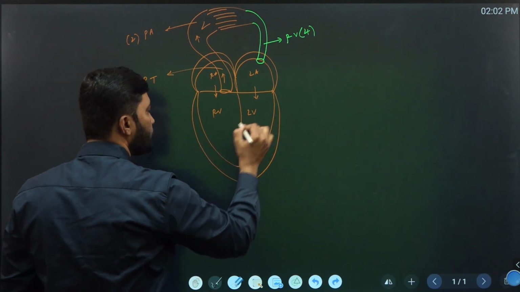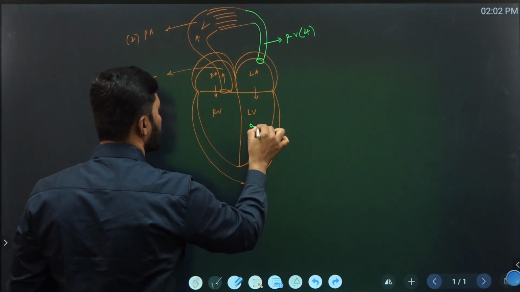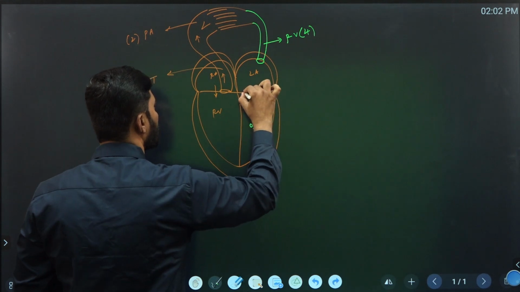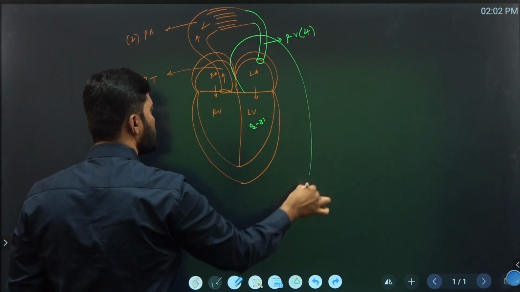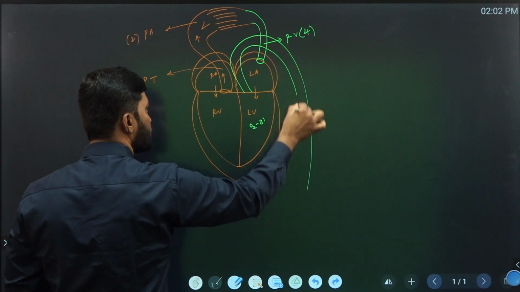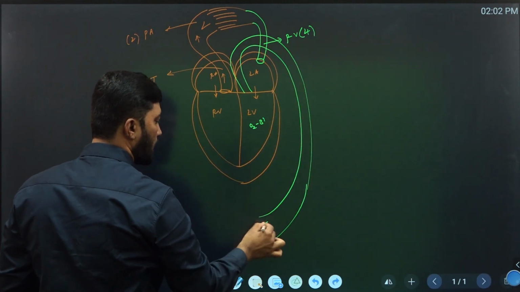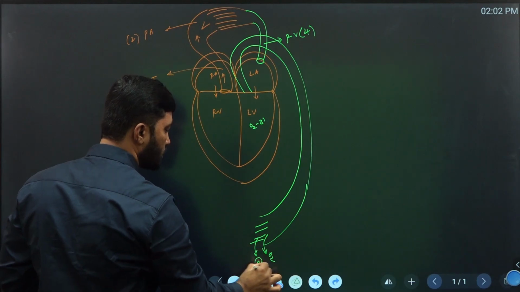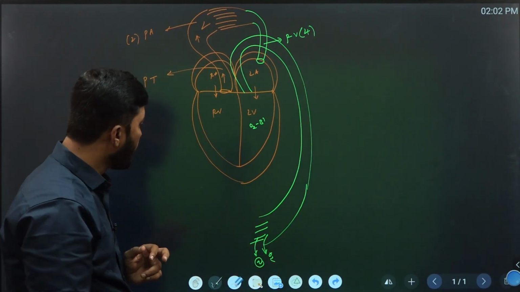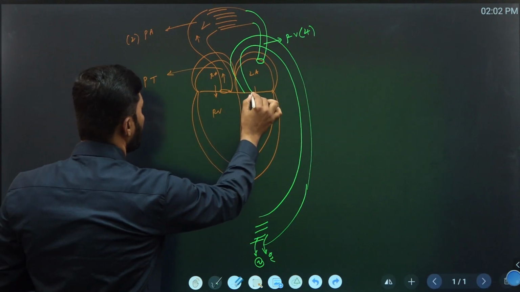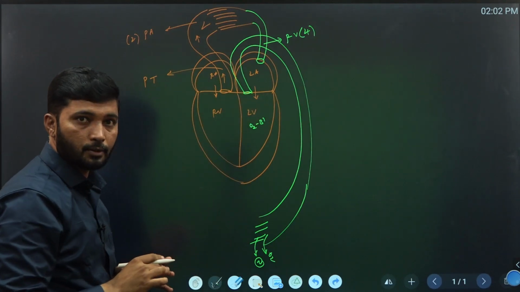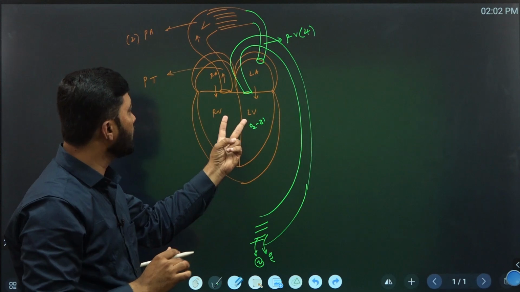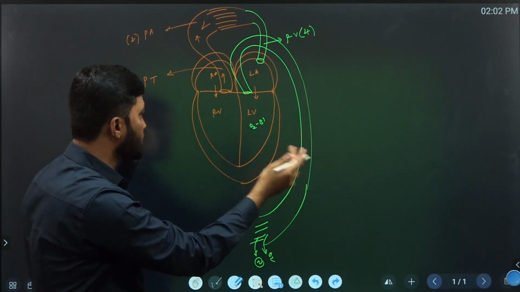Next, the left ventricle's oxygenated blood moves towards the body parts, the systemic capillaries, where oxygen and nutrients are exchanged. So in double circulation, at a time different blood moves in different directions.